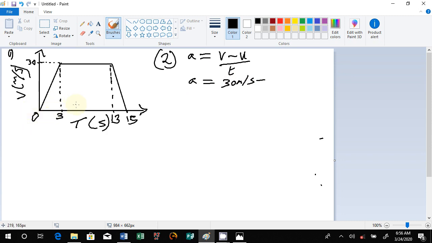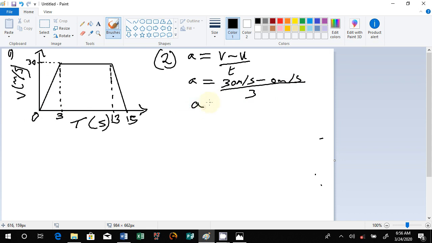Initial is a word which means where we started from in a velocity time graph. So initial velocity, there we go. It's 0. So we say 0. If you want, you put the units meters per second. Then we are dividing by the time taken, which is 3 seconds for this activity.